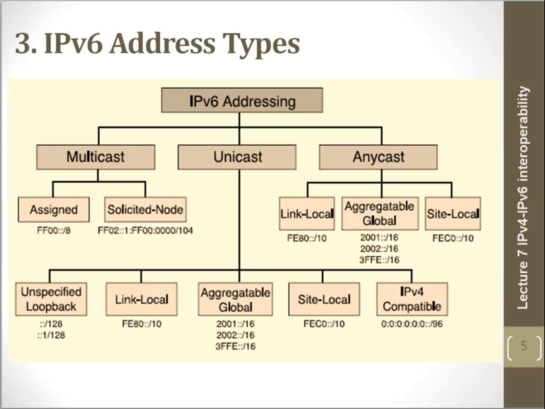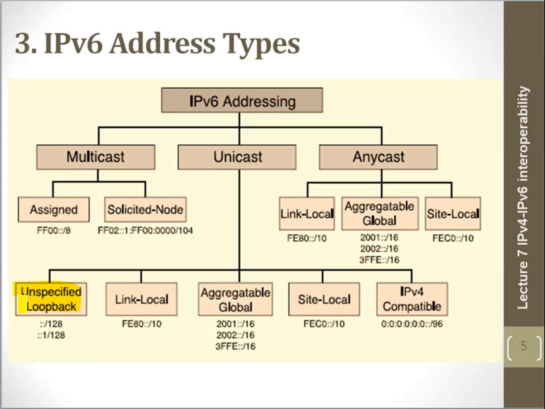But in IPv6, we have a lot of different types of IP addresses. Basically, multicast, unicast and anycast. For unicast IP addresses, we have another 5 types available. About all these types we are going to discuss in some other lecture, about IPv6 addressing.